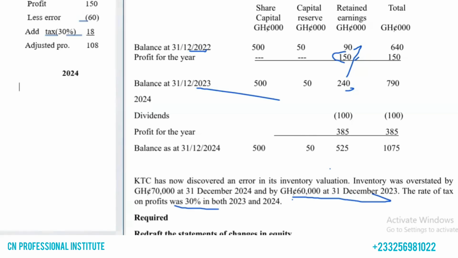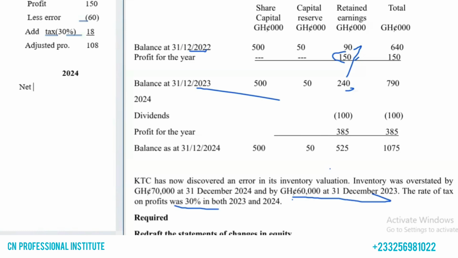With the error in 2023, the 60,000, we have overestimated the opening inventory by 60,000. And then the closing too, we've overestimated it by 60,000. Are you following? So how do we do it?